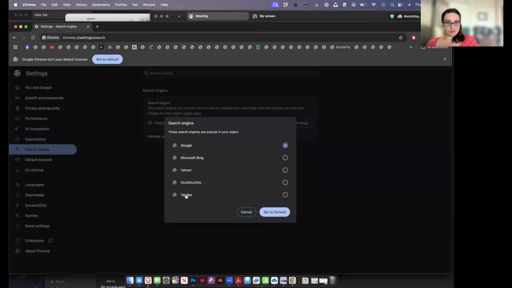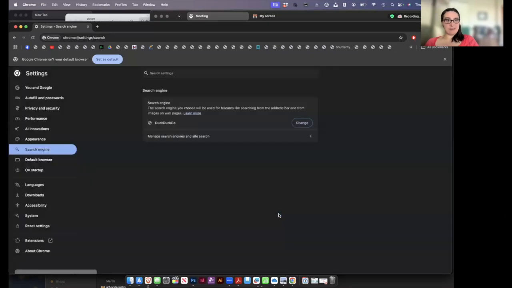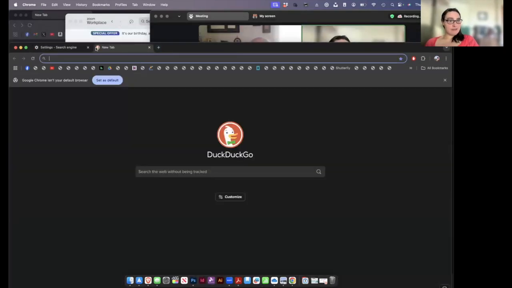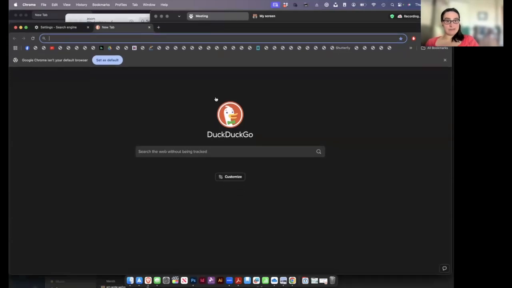So you can choose which one you want. Yours is probably listed right now as DuckDuckGo. If I open this, you can see DuckDuckGo is the one that pops up for Google. Well, except it doesn't show up in your URL yet, right?